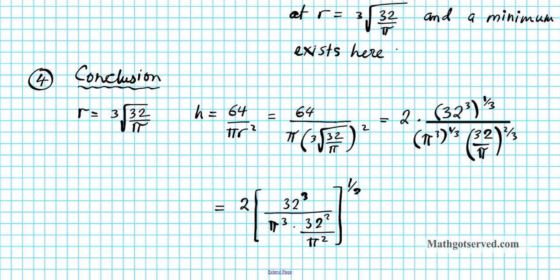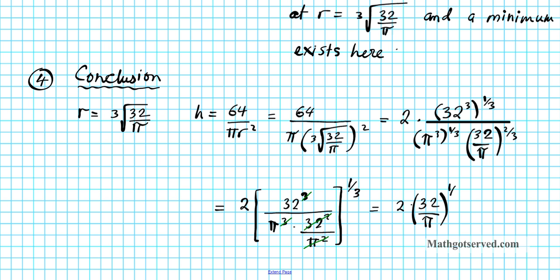What did I just do here? I just took out the 1/3 power from all three terms, and then this square I distributed to the 32 and also to the pi. What happens with this setup is that this pi squared cancels with that, and this 32 squared takes out one of these powers. What are we left with? We're left with 32 times 32 over pi, raised to the 1/3.